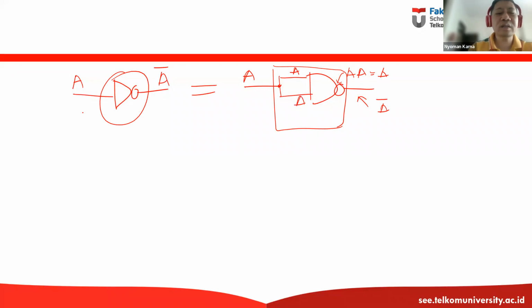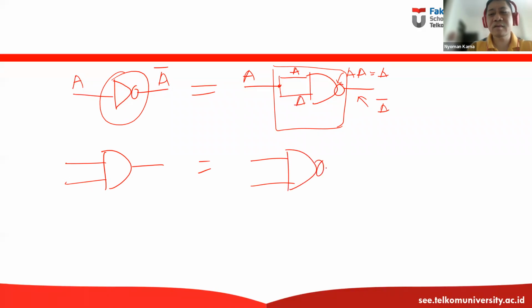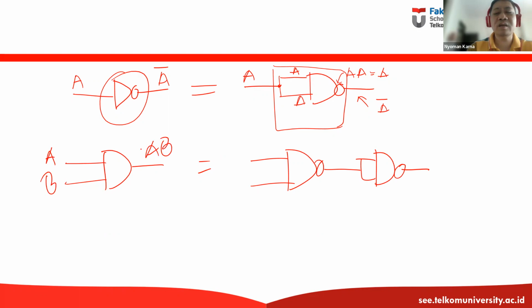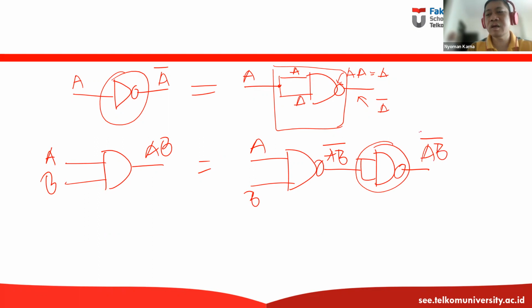Okay. Now how about AND gate? Well, actually for AND gate we can use NAND gate with the inverter in here. Let's say this one is A, this one is B, so this one is AB naught, and because this one is an inverter, it will become AB naught naught.